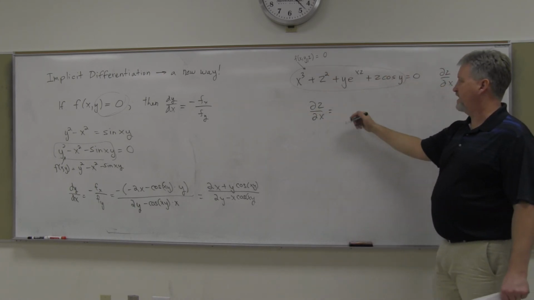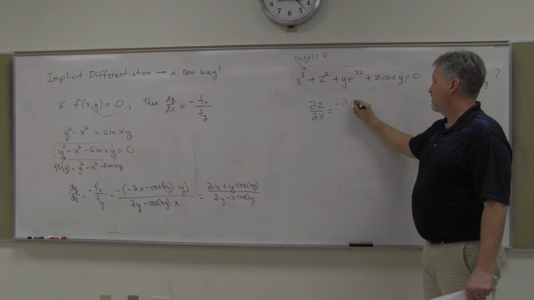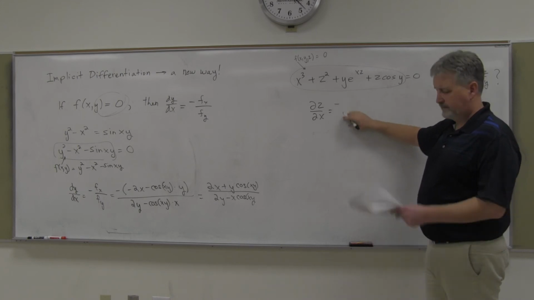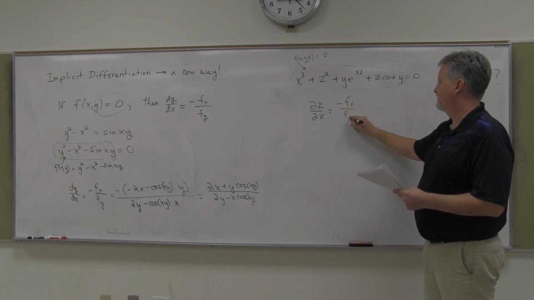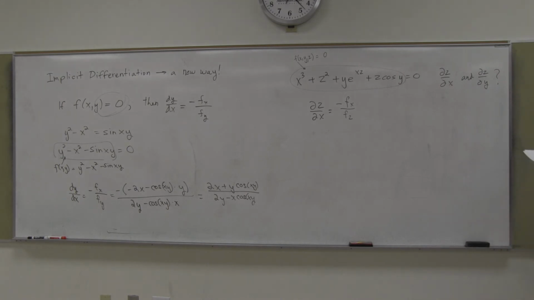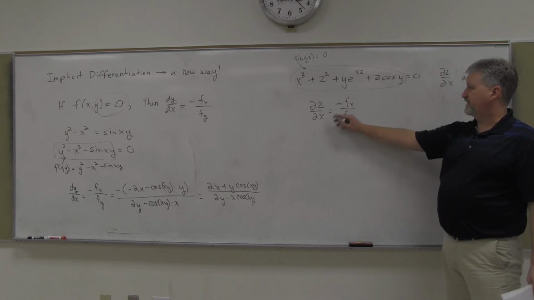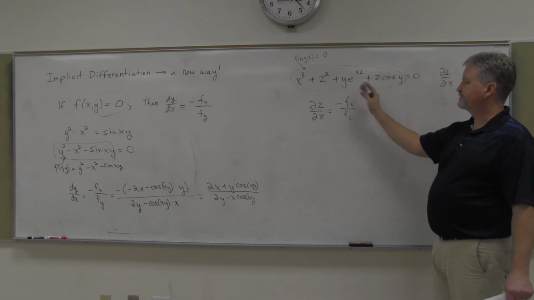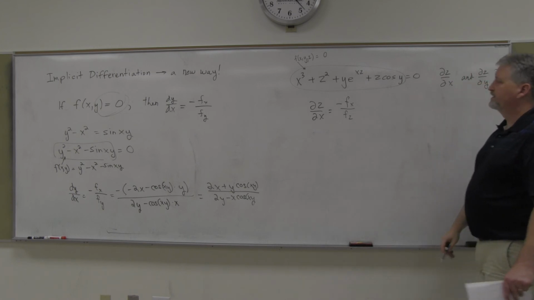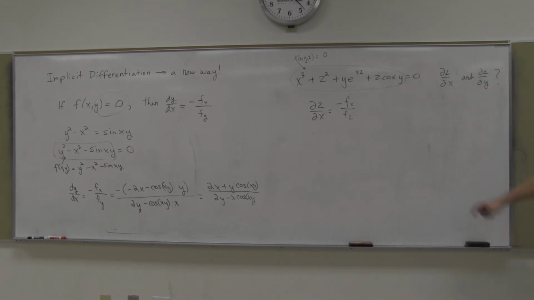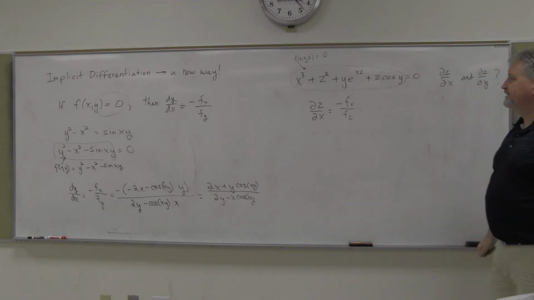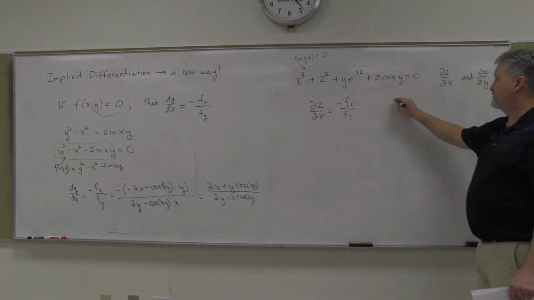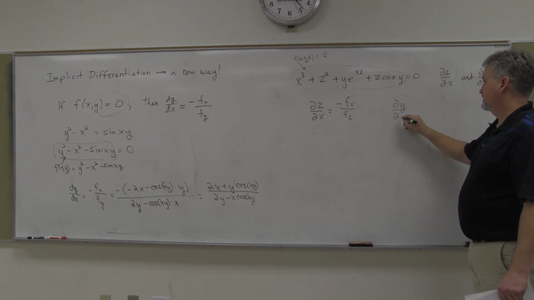Partial of z with respect to x is going to be minus the partial of f with respect to x over the partial of f with respect to z.